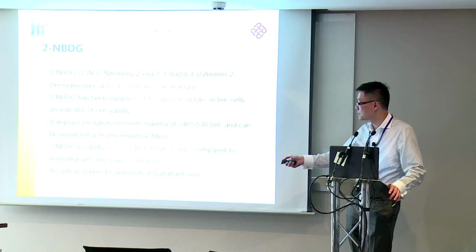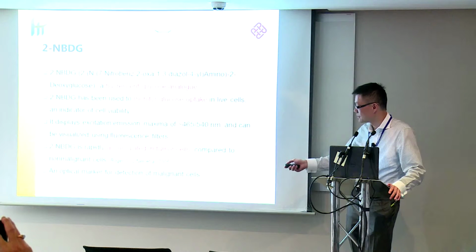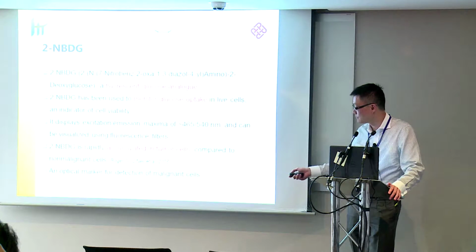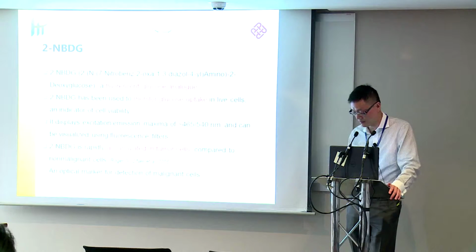Upon excitation with light of a certain frequency, it emits visible light that can be picked up by the camera. It also rapidly accumulates in tumor cells compared with non-malignant cells, as already proved in some articles, so it can be used as an optical marker for detecting malignant cells.